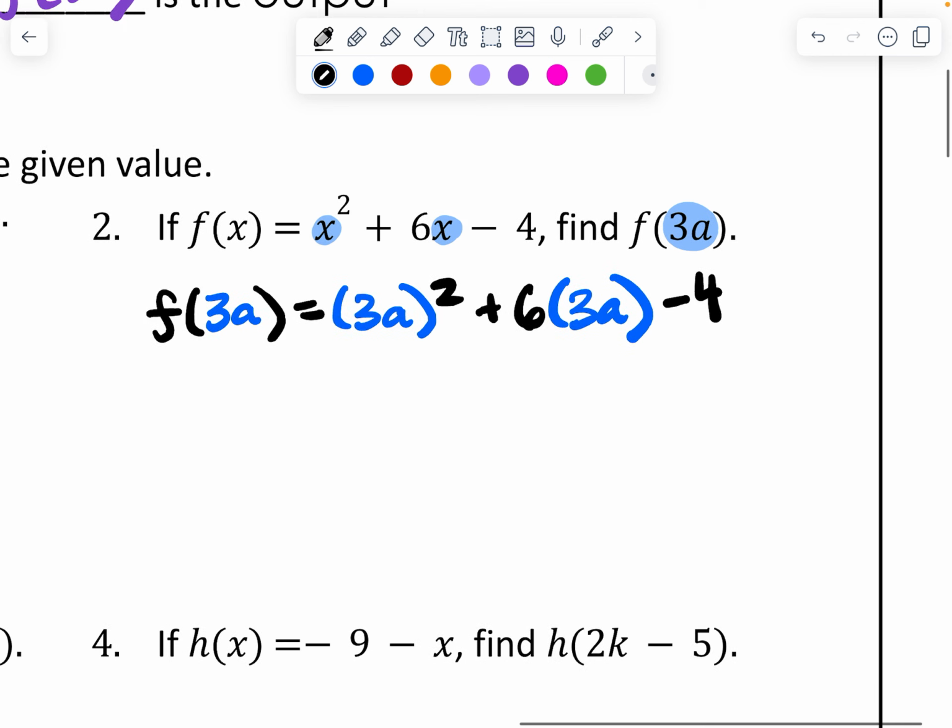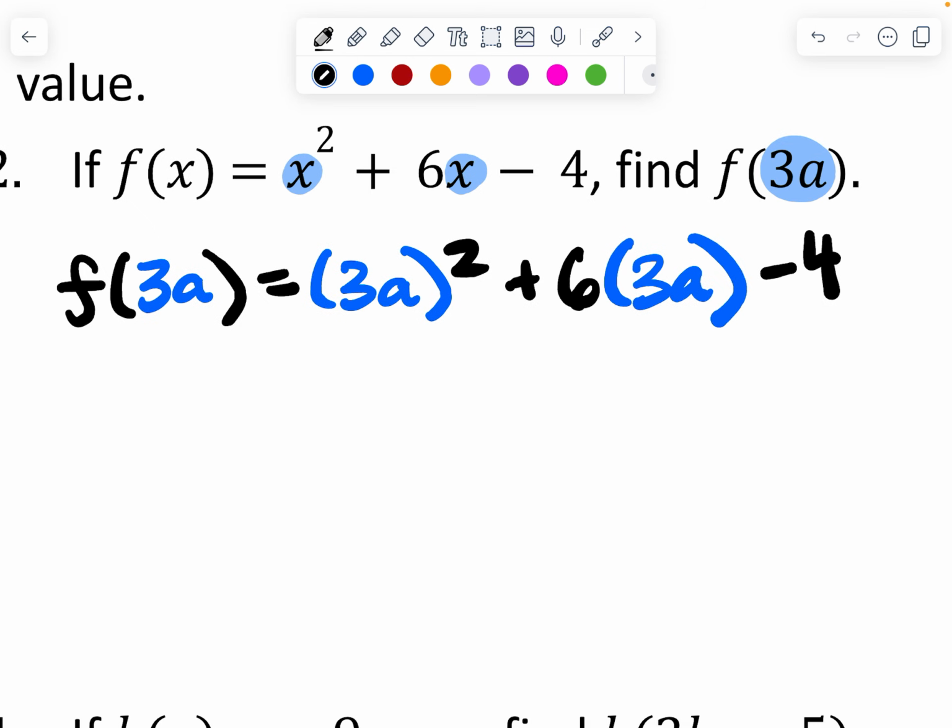You cannot put this in your calculator because we have variables, so we have to use order of operations. First thing I'm going to do is the exponent. So I'm going to expand this.